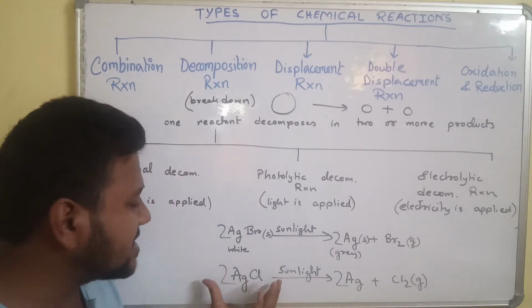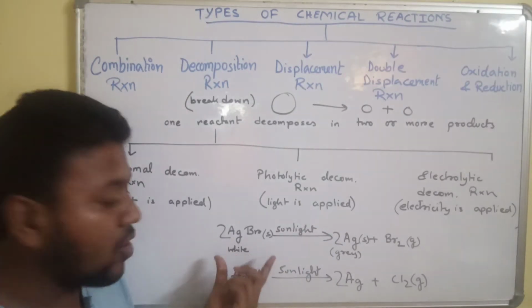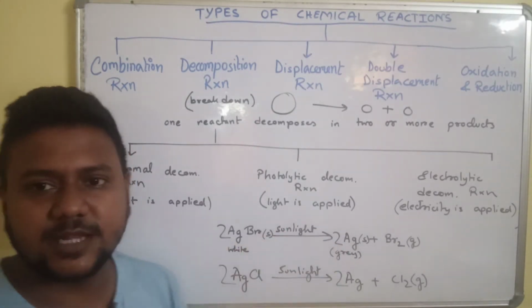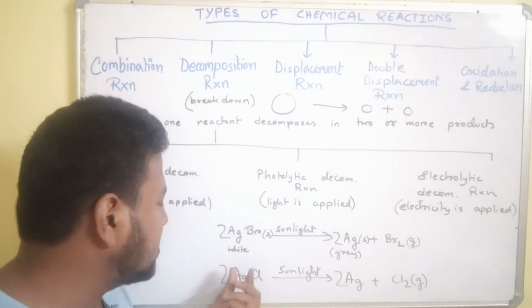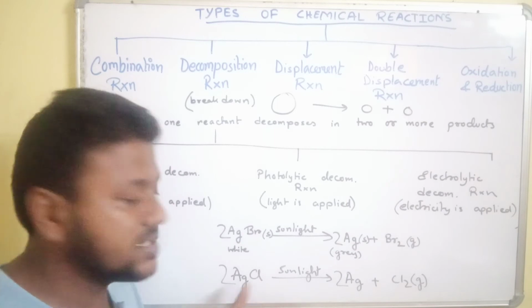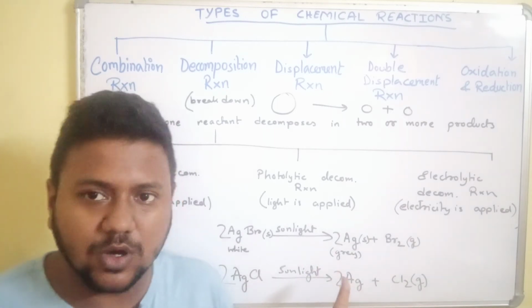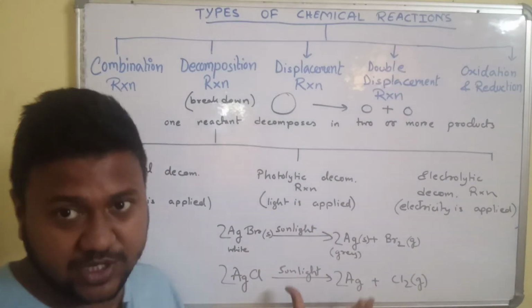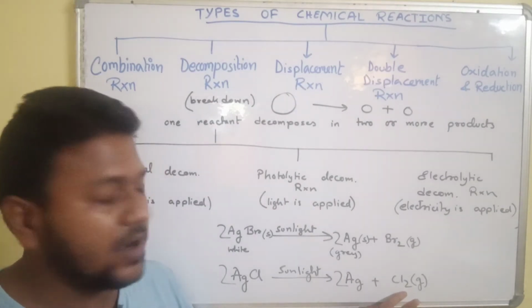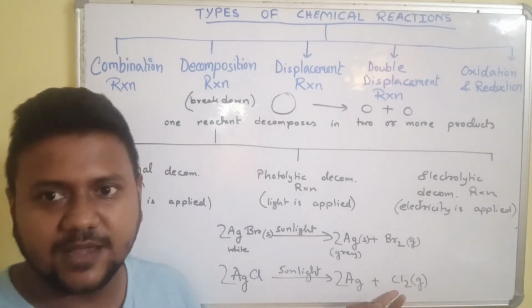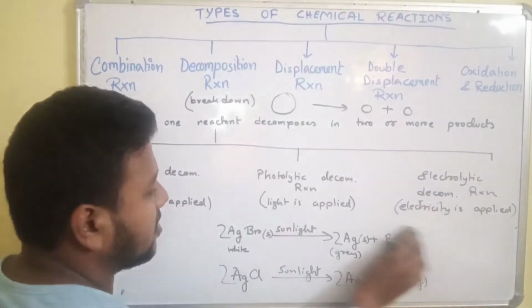So when we take a china dish and pour AgBr or AgCl in it and keep it in sunlight for a longer period of time, we will see the white color of these two salts slowly turn grey. It happens because of the photolytic decomposition reaction, leading to the liberation of a halogen gas. Very clear? Now we will understand the electrolytic decomposition reaction.